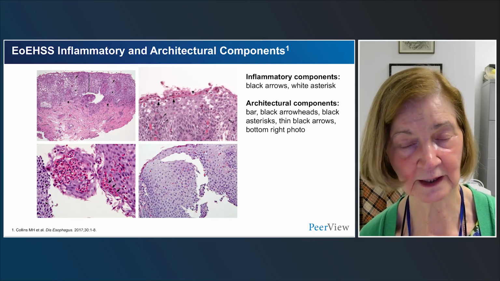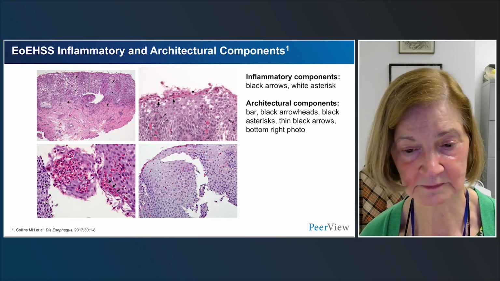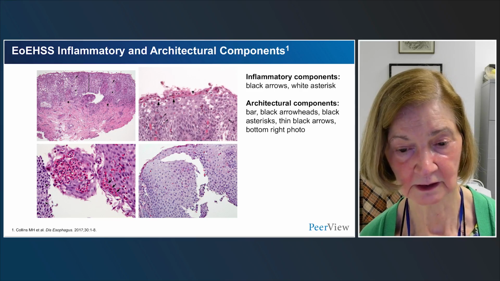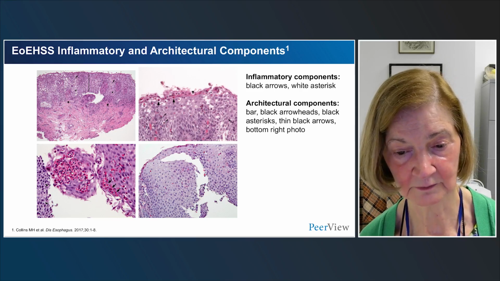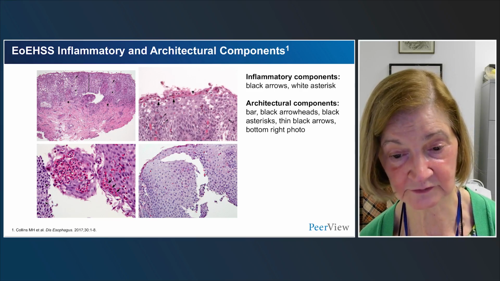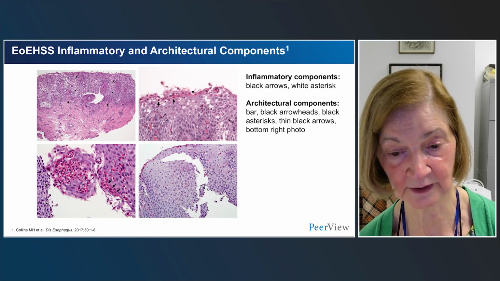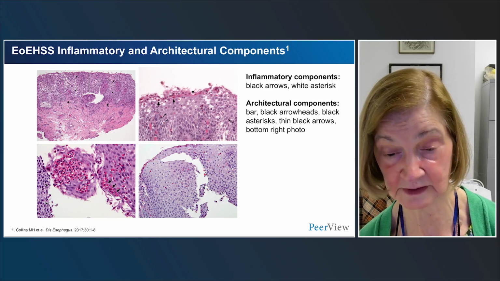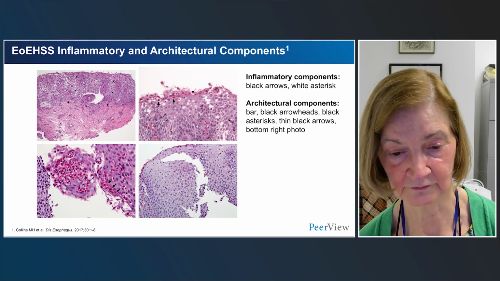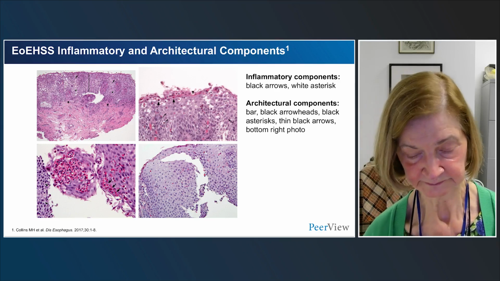And then in the lower right, there are cells that are very pink in color that are dyskeratotic epithelial cells. They are different from eosinophils. They don't have those really red granules in the cytoplasm. They're very pink cytoplasm, but they don't have the granules that are characteristic of eosinophils.